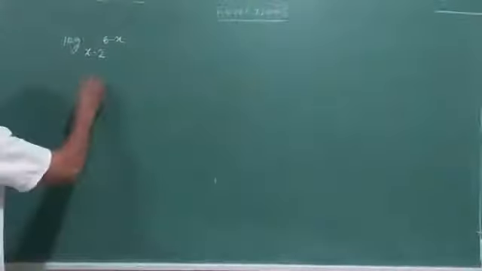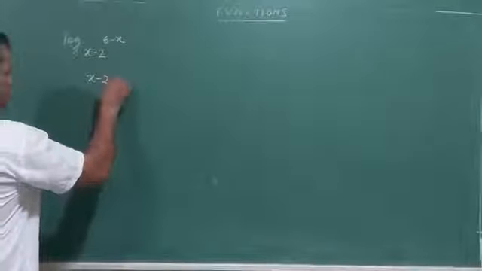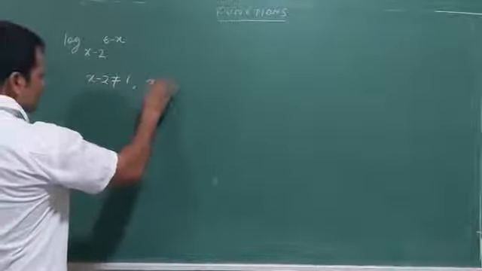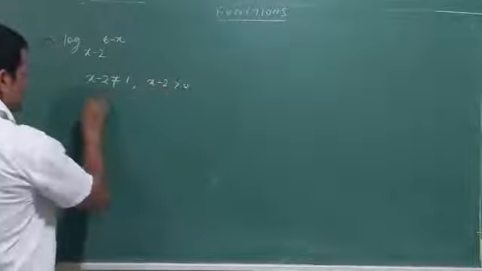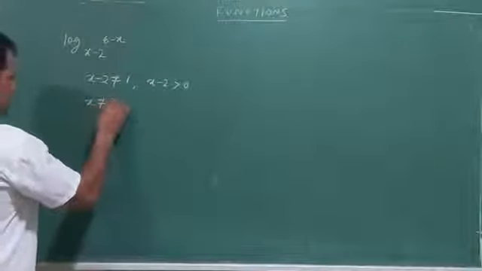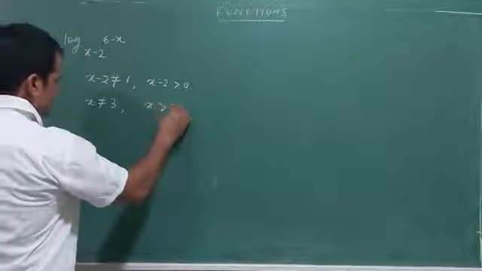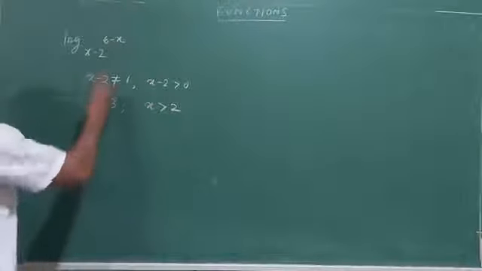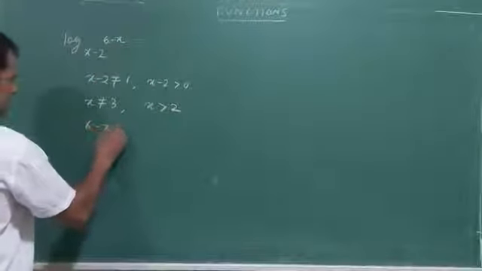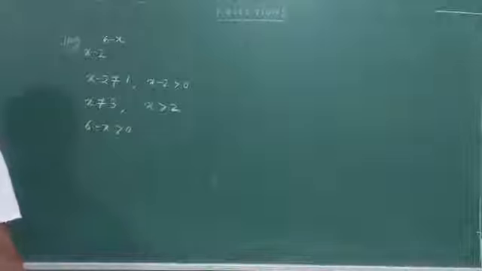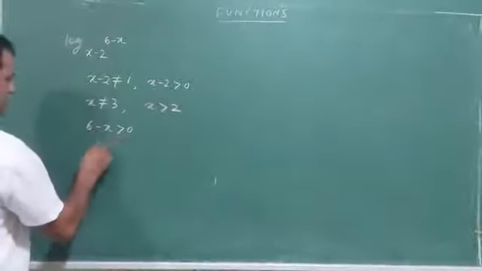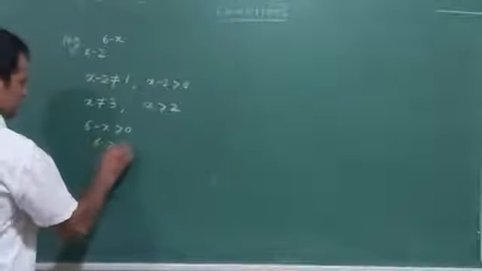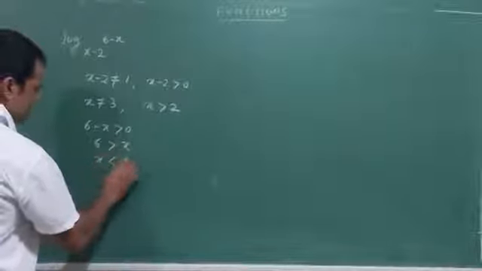So what do I write here? x minus 2 should not be equal to 1, and x minus 2 must be greater than 0. So x is not equal to 3, and x is greater than 2. I got two conditions here. Then 6 minus x is greater than 0, then 6 is greater than x. That means x is less than 6.